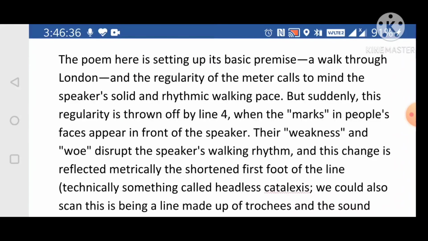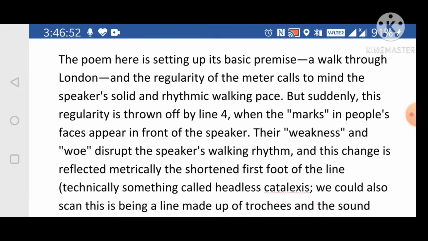The poem here is setting up its basic premise, a walk through London, and the regularity of the meter calls to mind the speaker's solid and rhythmic walking pace.